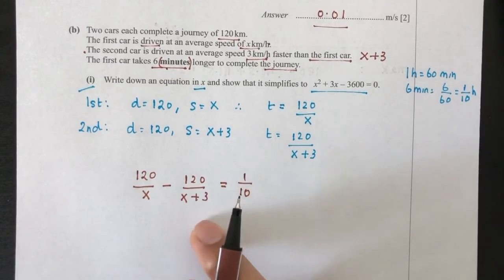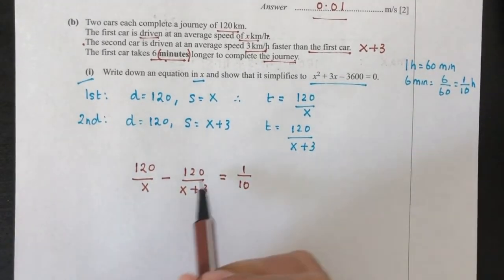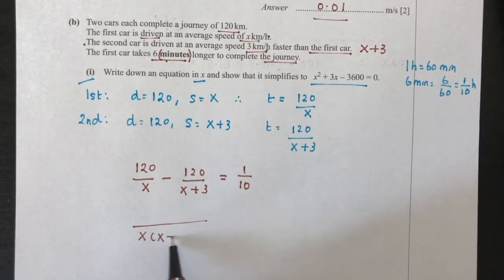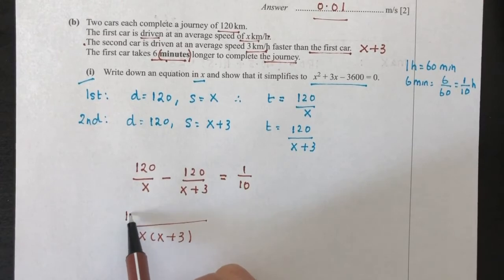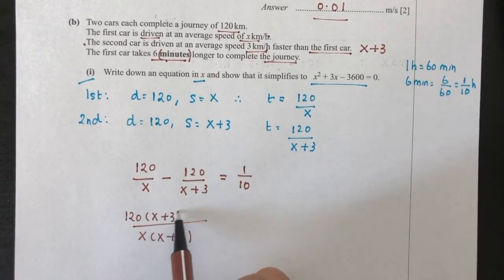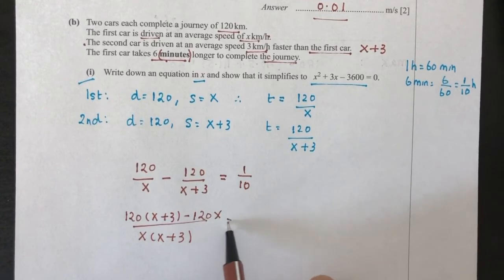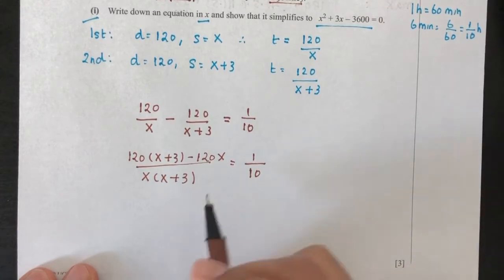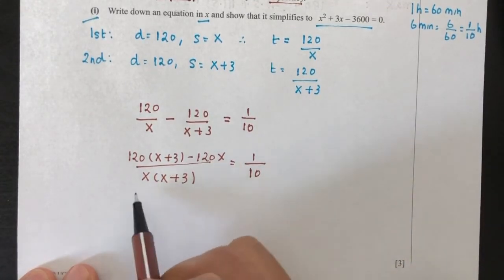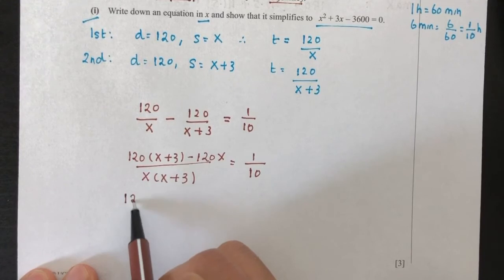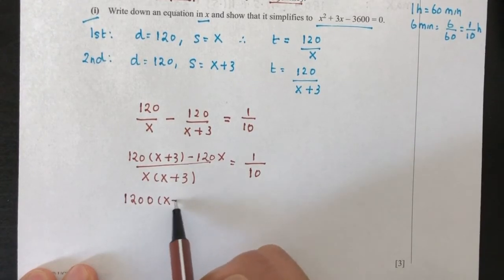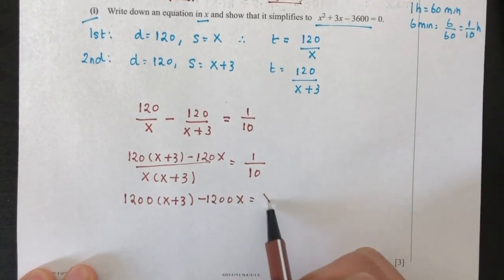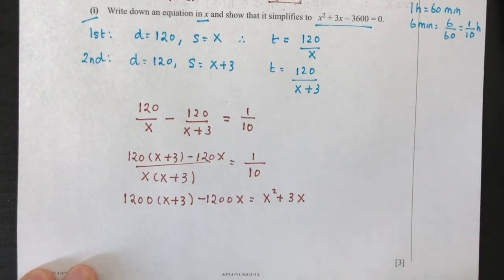Now let's simplify this and show that this is equal to this. So first on this side we can find the LCM. That will be x times x plus 3. And then cross multiply, that will be 120 times x plus 3 minus 120x equal to 1 over 10. Let's just cross multiply. You will have 120 times 10, x plus 3, minus 120x equal to x squared plus 3x.